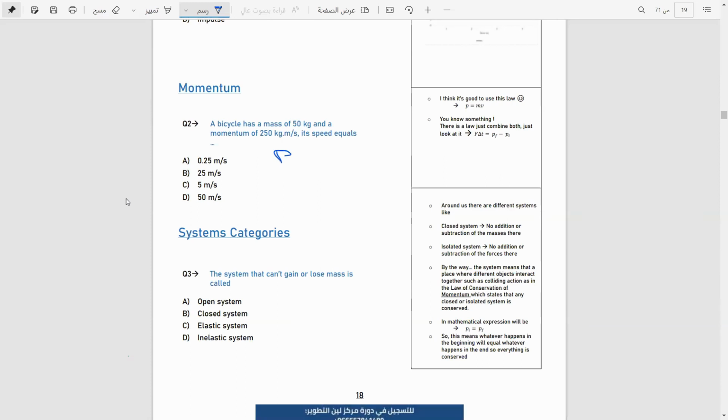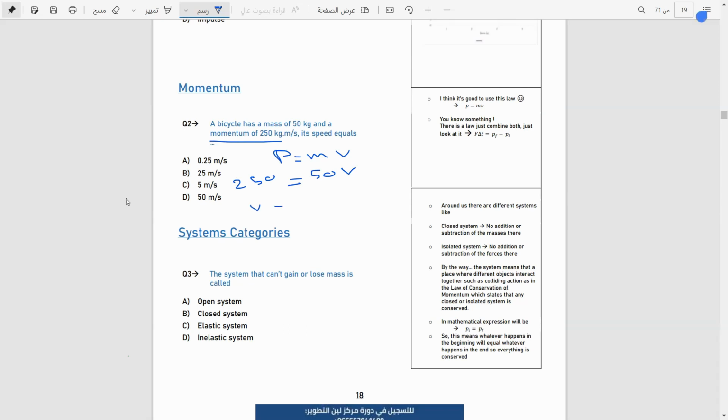We have P equals M times V. And we have the mass, it is 50. We want V here. The momentum is 250. So the velocity, Hamza said, yes, you're right, Hamza.